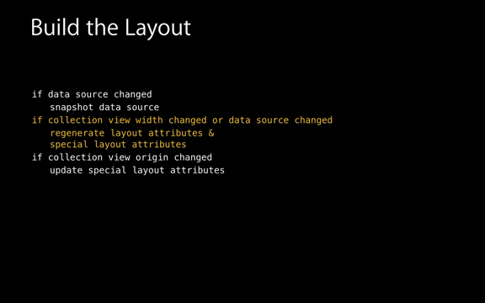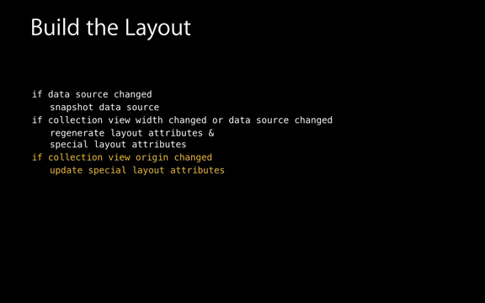And then, if the origin has changed because we've scrolled, I update the position of any special layout attributes. Now, when I go back and update all of this code to support iOS 8, I'm going to fix this, because I'll use the new invalidation context, and this will all be different. But this is how we do it today.